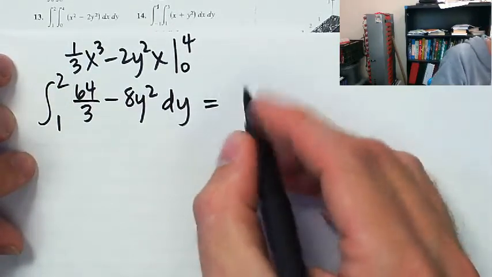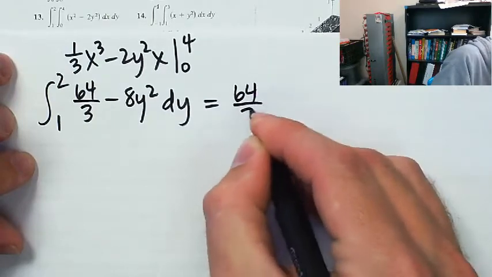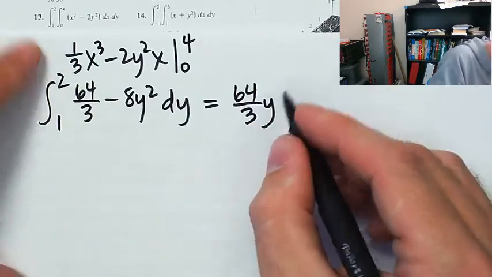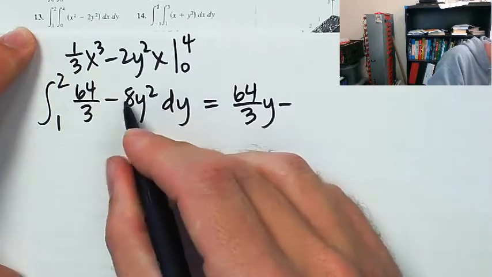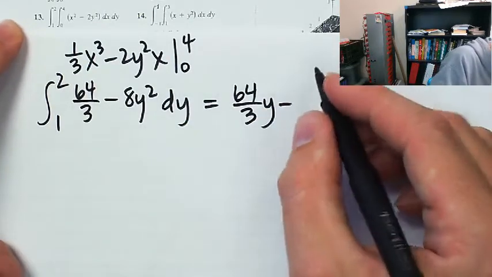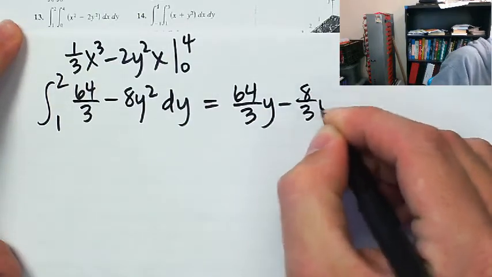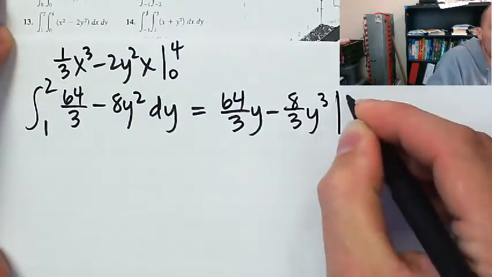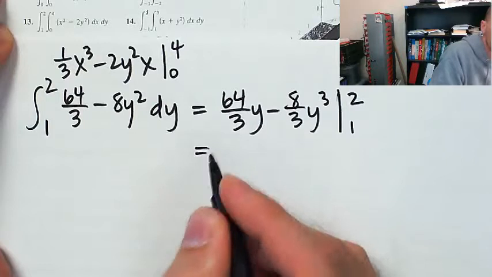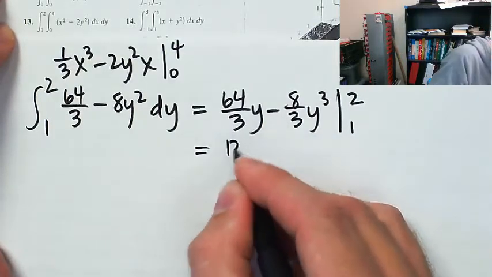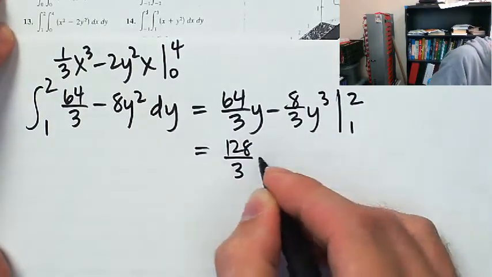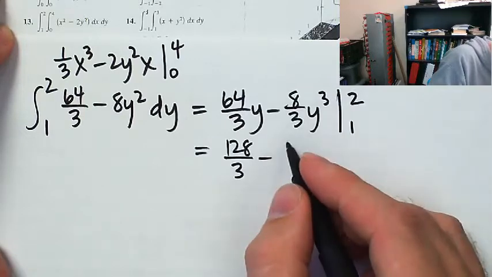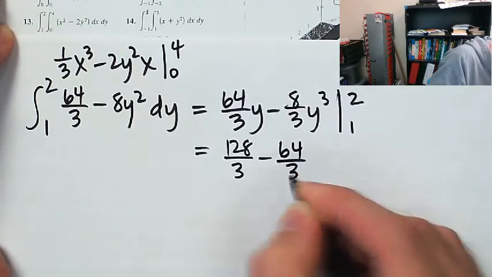And this I can anti-differentiate. Minus, if I increase the power by 1 and divide by the new power, that will be 8/3 of y to the third. And we're letting y run from 1 to 2. So this will be 128 over 3 minus 8 times 8 is 64 over 3.